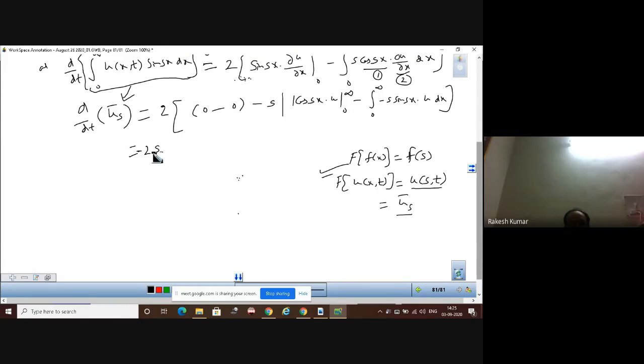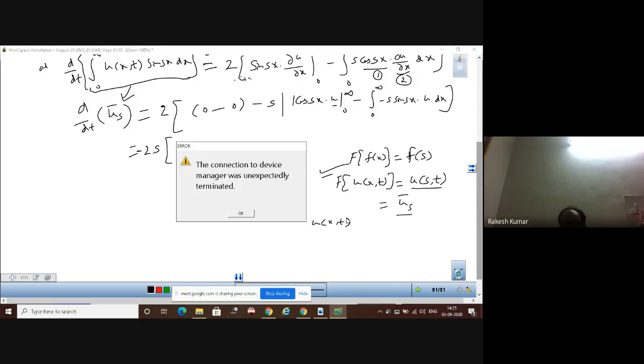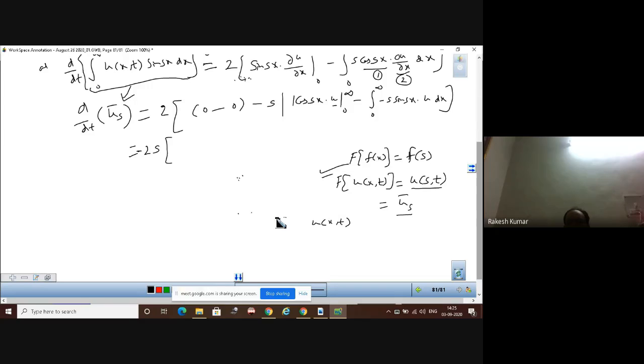Minus 2s into, now you see, the u function, what is it? U is a function of x and t. And what is u(x,t)? It is bounded, and bounded means it approaches 0 as x approaches infinity.